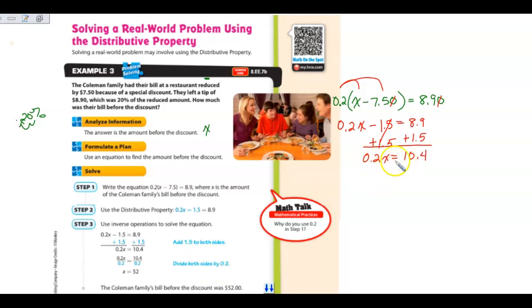Now I'm ready to solve for X by dividing by 2/10. And when I do that, I find that X is 52. So the amount before the reduction was done was $52. So that's how much their meal was before they took that $7.50 out.